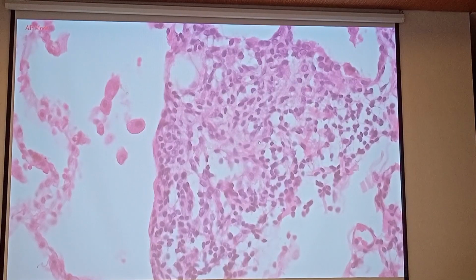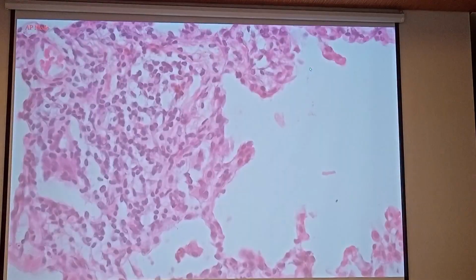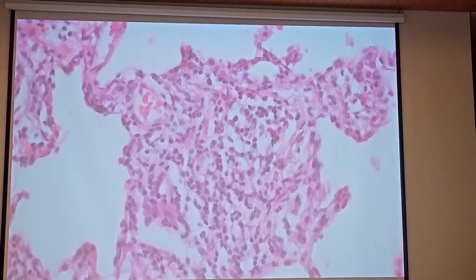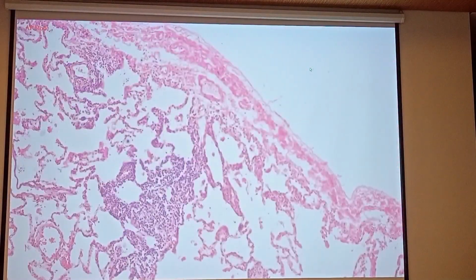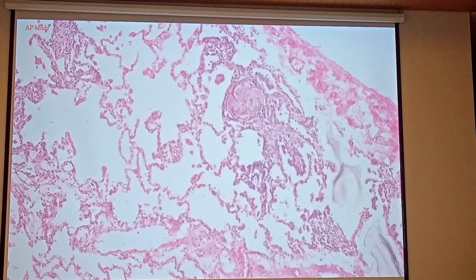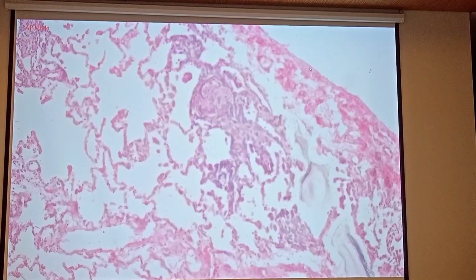Now, sometimes these macrophages will join forces to form larger cells, and you call them your giant cells. Okay, so I can actually show you a little bit of those giant cells right here. Look at that.